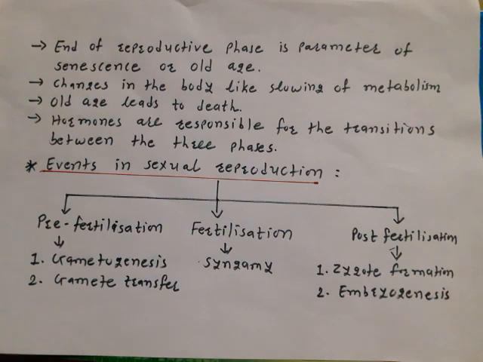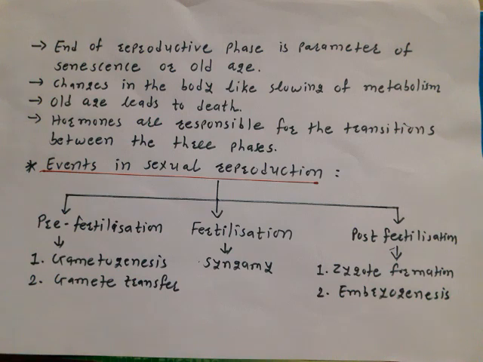After fertilization, the third and last event is observed, known as the post-fertilization event. Here, zygote formation takes place. It means that fusion of male and female gametes results in zygote formation. Second, embryogenesis: the formed zygote undergoes various changes and development, and an embryo is formed; this event is known as embryogenesis.